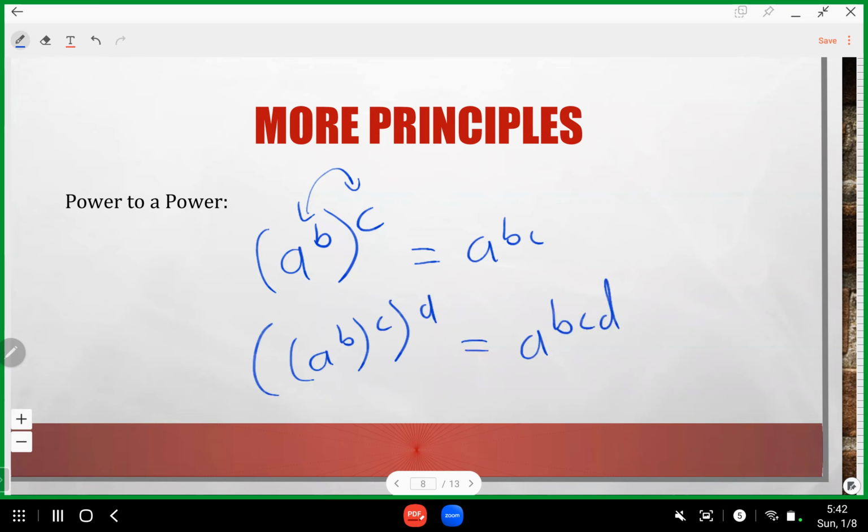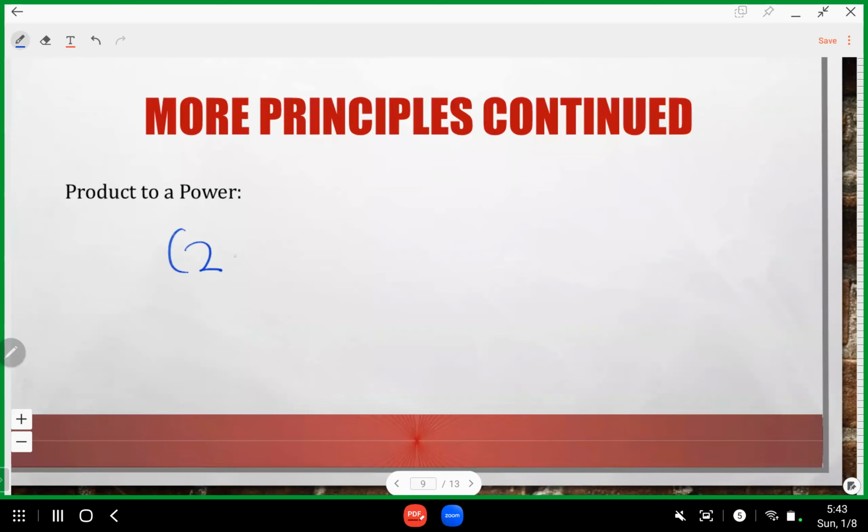Now, how about product to a power? How about let's do 2y squared to the 4th. Okay, that will be our example for later.